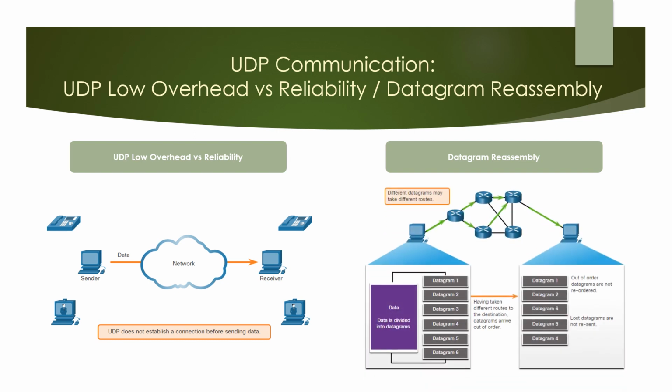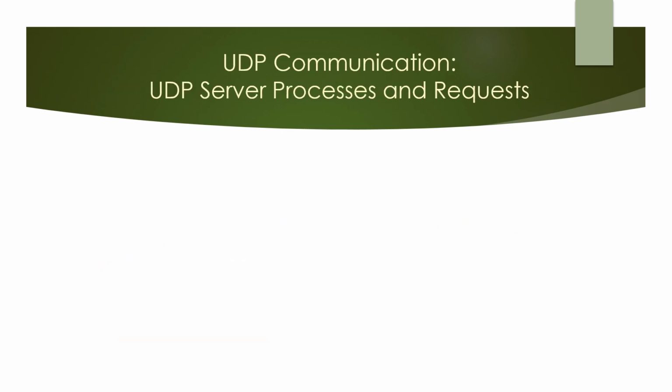Therefore, UDP simply reassembles the data in the order that it was received and forwards it to the application. If the data sequence is important to the application, the application must identify the proper sequence and determine how the data should be processed.